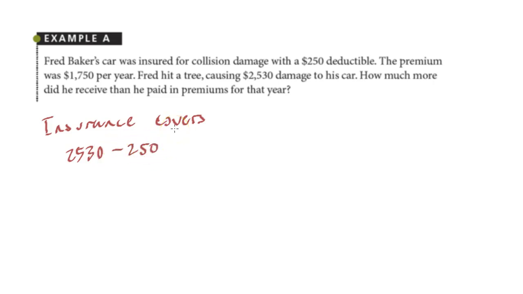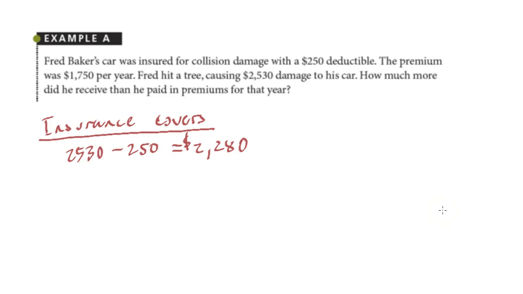So the insurance covers all of the damage besides the $250 deductible, which Fred has to cover first. So that is $2,280 that the insurance covers. So this is how much is paid by the insurance, $2,280.